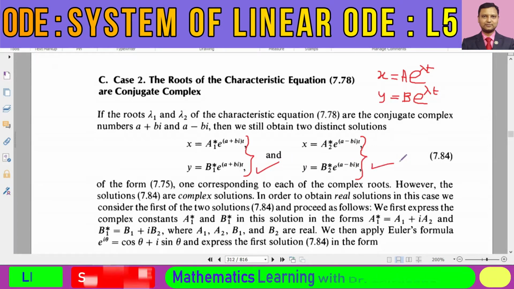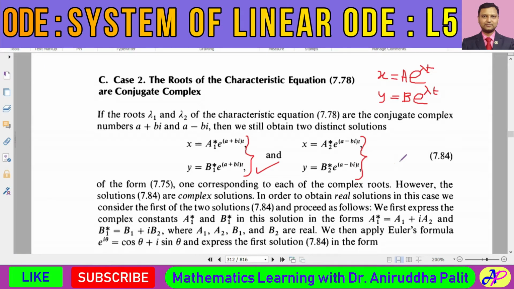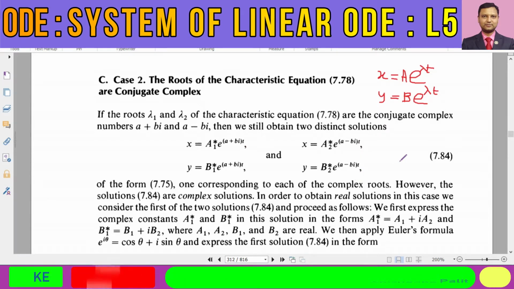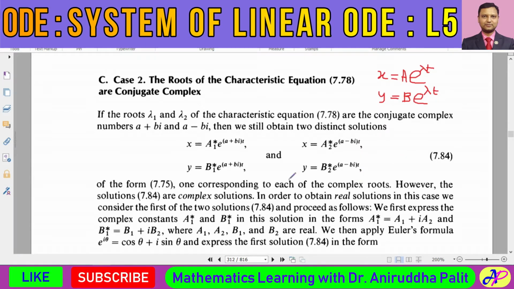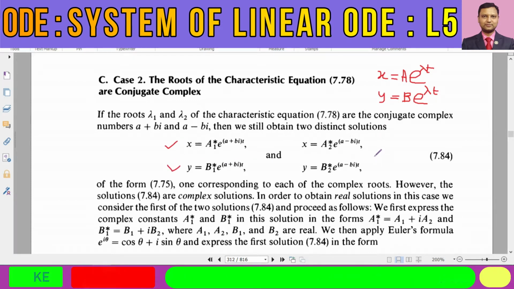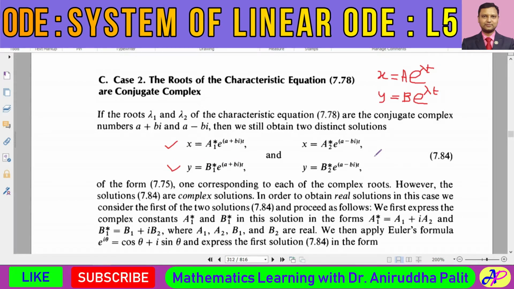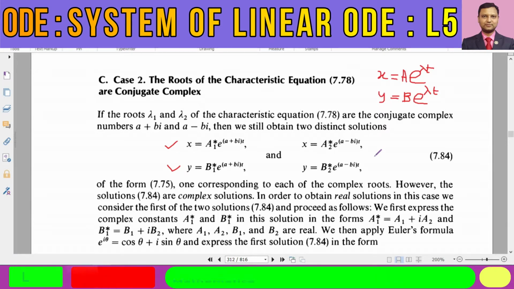All right, now how can we extract this solution? It can be shown that the real part and the imaginary part of these solutions become two independent solutions of the given differential equations.